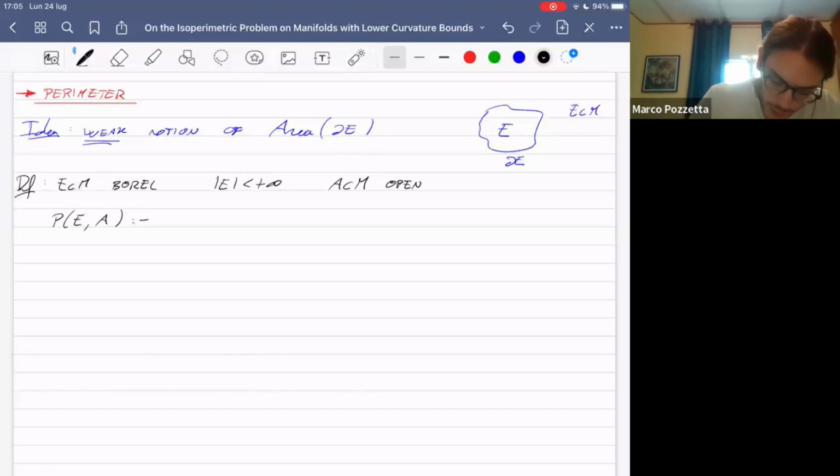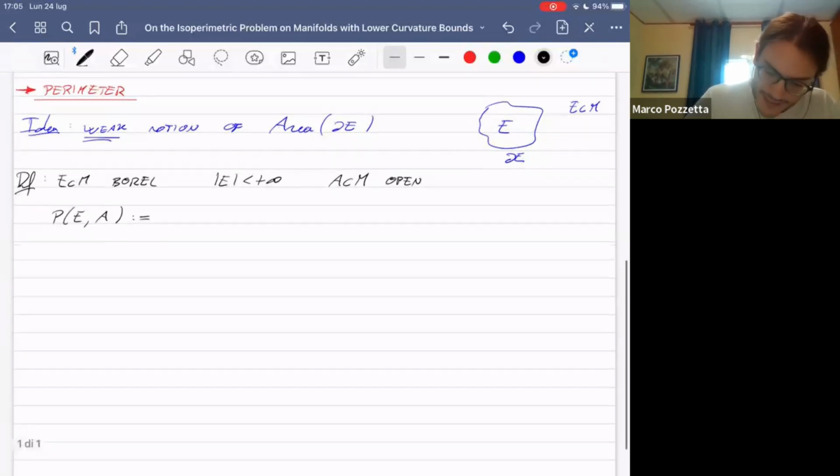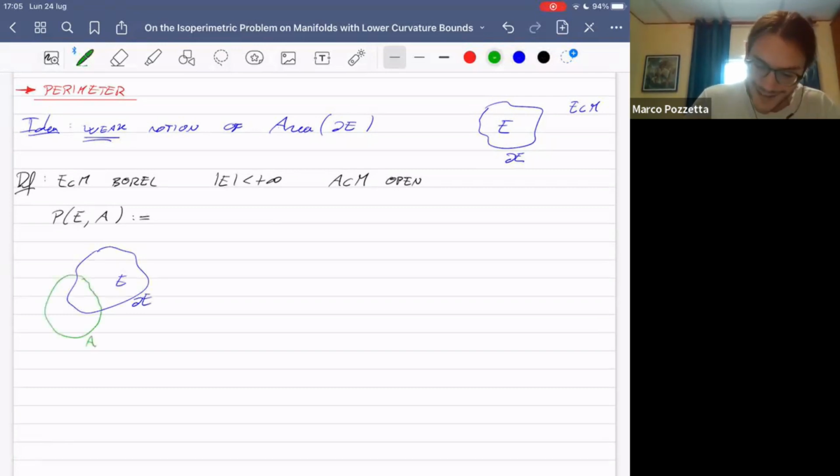And the quantity I want to define here on the right is basically the following idea. Here is the set E. This is the boundary of E. For example, this is my open set A, and the perimeter of E inside A should be the resulting number if I want to compute the (n-1)-dimensional area of the boundary of E inside that open set A. And the definition is given by a relaxation procedure.